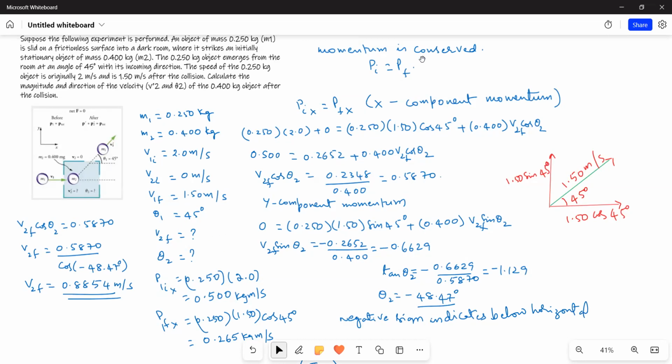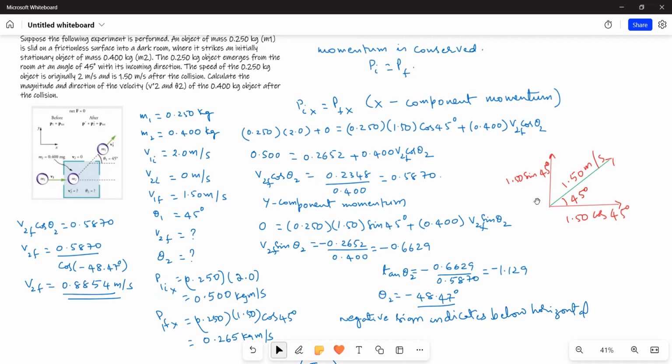As I told you, momentum is conserved. Here, the first object is making an angle of 45 degrees with the horizontal, so we have to resolve the velocity into components. Because it makes an angle with the horizontal, it has both an x component and a y component.